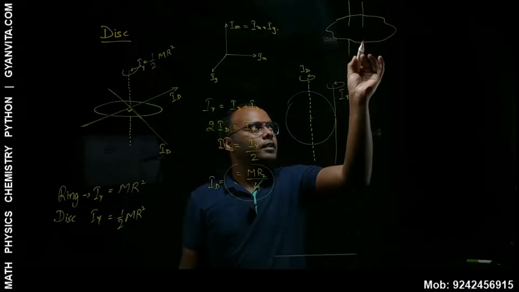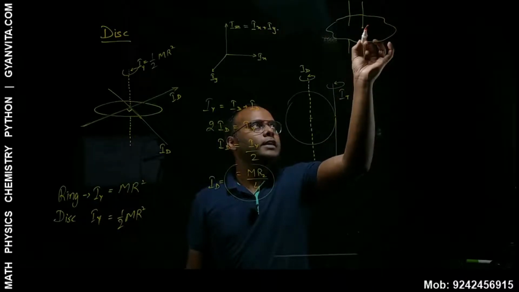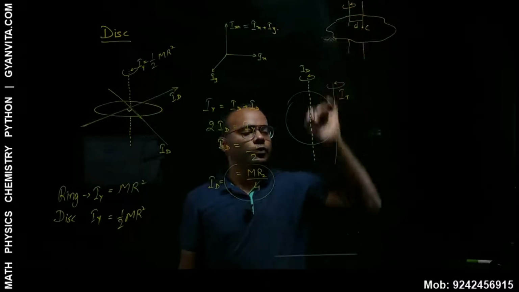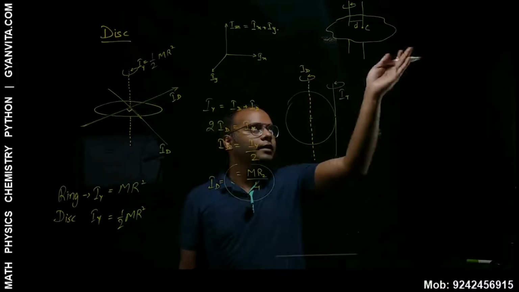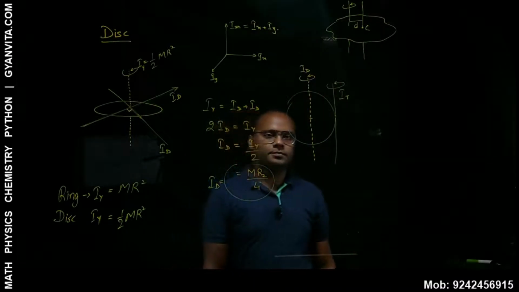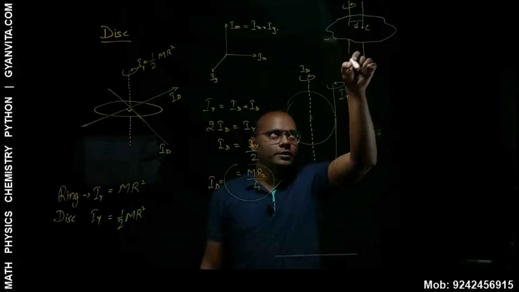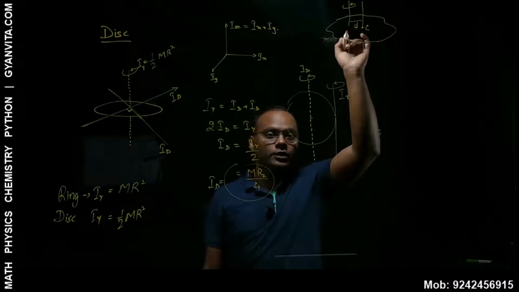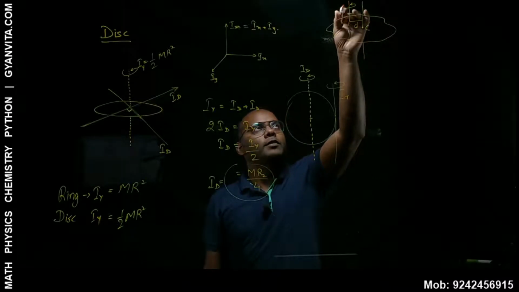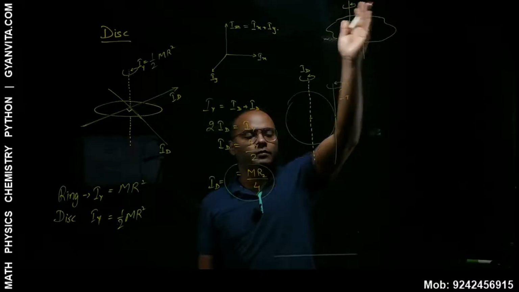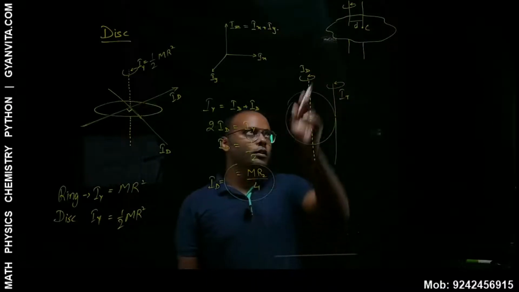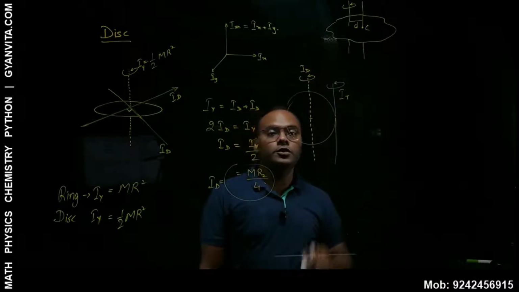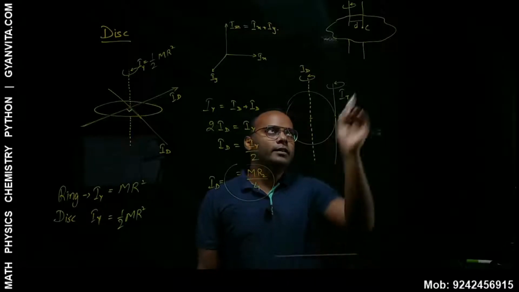parallel axis theorem. So if this is the center of mass, and this is the distance between the axis along which you want to find the moment of inertia and the axis which passes through the center of mass. So there are two axes here, one axis which passes through C, that C is the center of mass, and we have to find the moment of inertia along this new axis here, which is on the left. As you can see, whatever axis is there on the left is parallel to the axis passing through the center of mass, and the distance between these two is d.